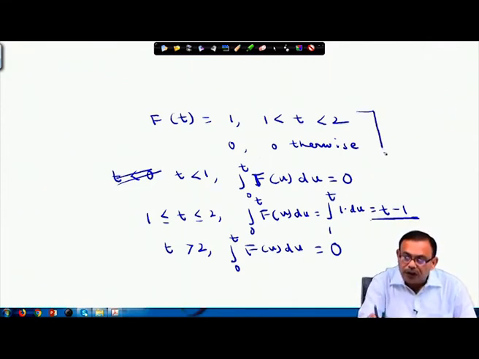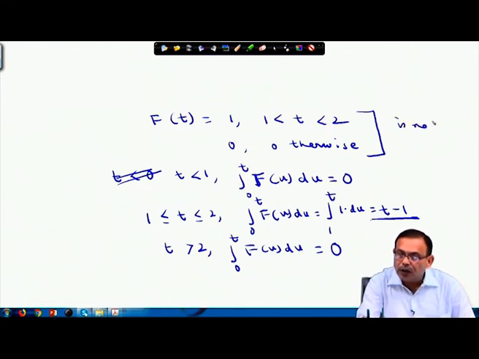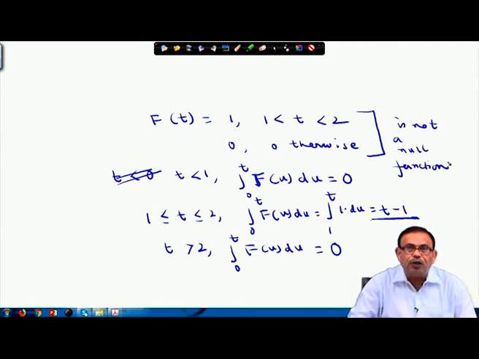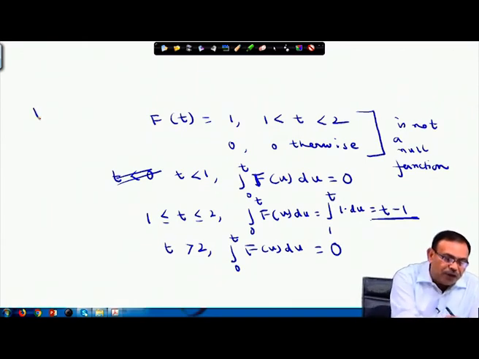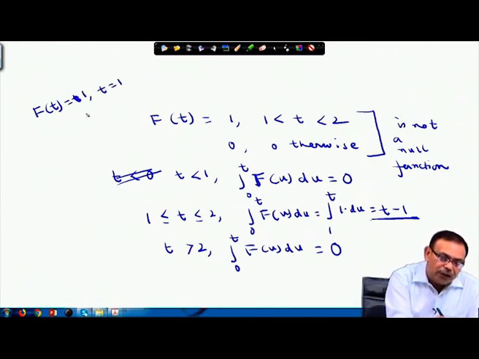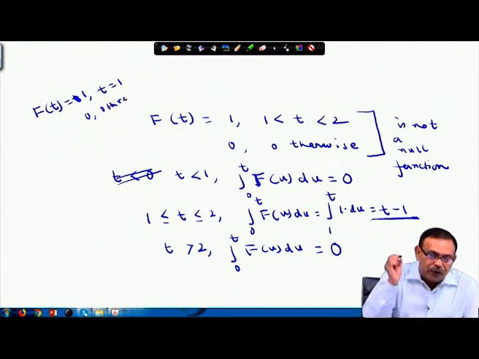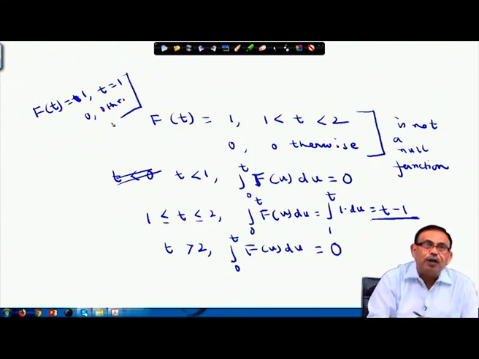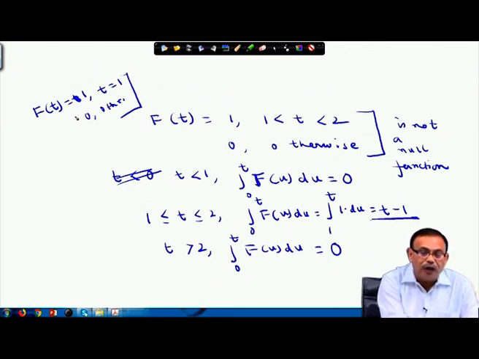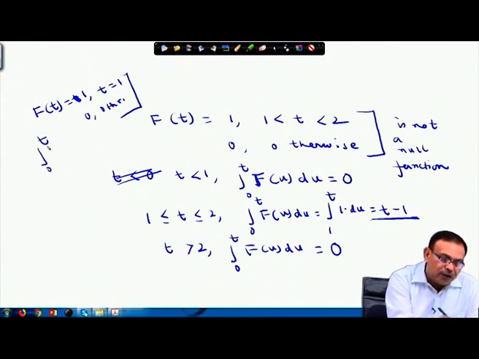So, you see I am getting the value t minus 1 here. Therefore, this function is not a null function. Please note this one. Whereas the function which I defined earlier, f(t) equals 1 at t equals 1 and 0 otherwise, this one is a null function, because if you calculate the integral from 0 to t of f(t) dt, in this case the value will be equal to 0.